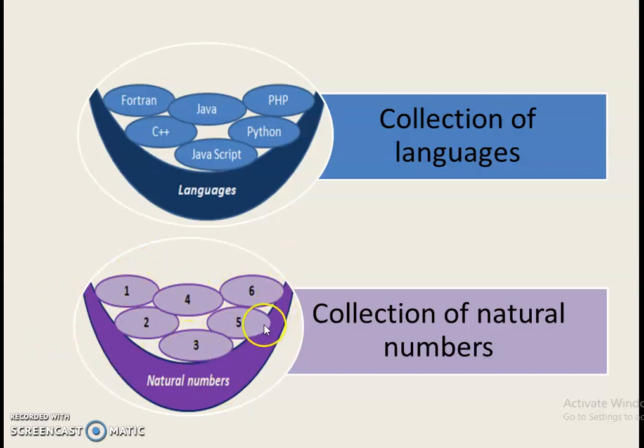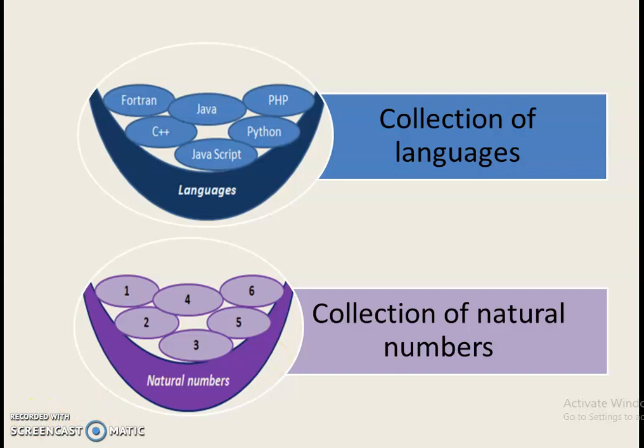We can add more numbers to it, or remove any number from it. In a similar way, we can add more languages to it, or remove any language from it, right? So we can perform a number of operations on a container.